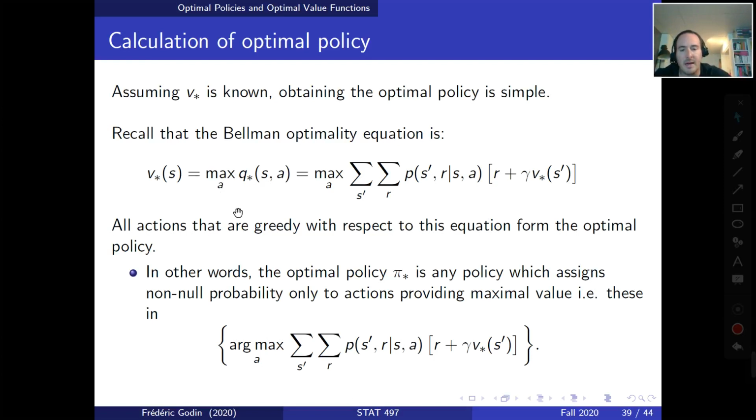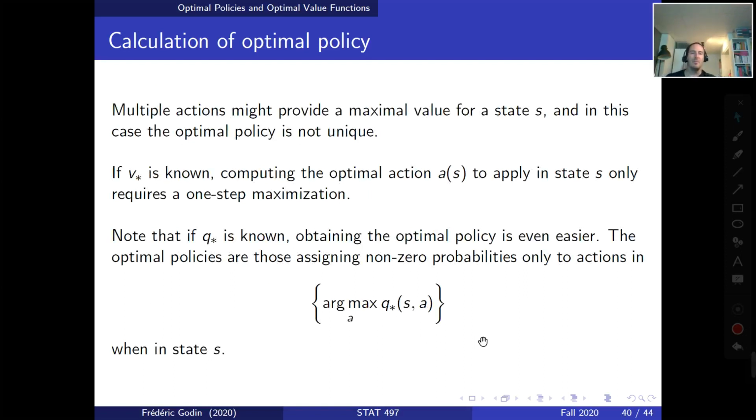If we know the value function V star, we can take the right side here, copy and paste it, and then the A which maximizes this expression is the optimal action in state S. Here, assume we know V star, all these quantities inside are known, so it's possible to obtain the optimal action through this equation.